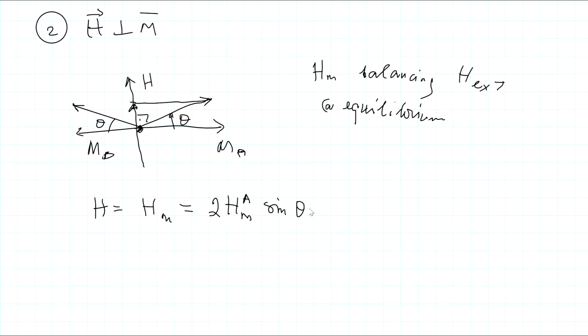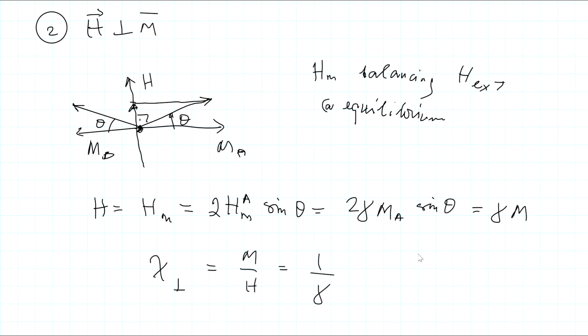So the molecular field sine theta is equal to 2 gamma M_A sine theta, which is actually our gamma M. And the perpendicular susceptibility would be M over H, which is 1 over gamma. The field is proportional to the magnetization because it's a molecular field. But 1 over gamma is constant.